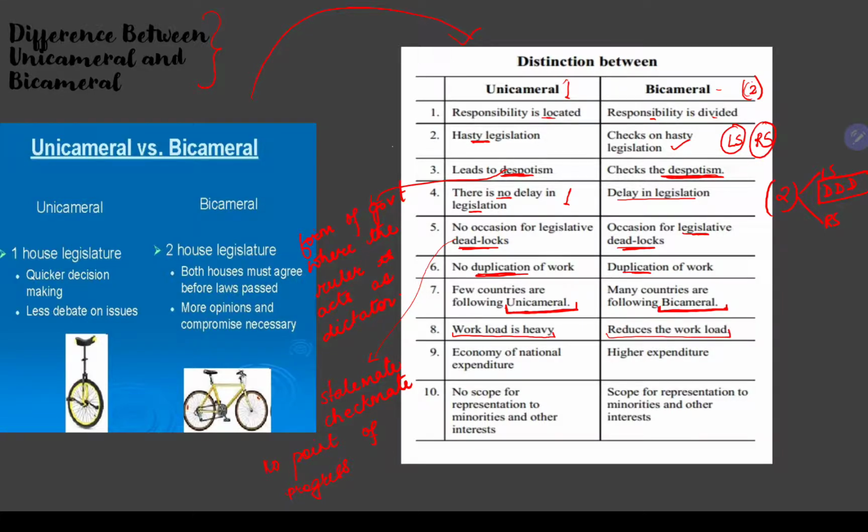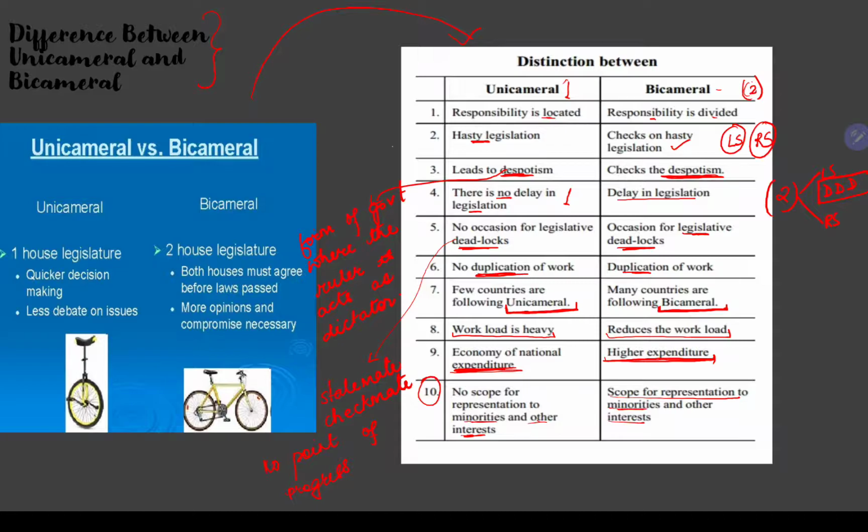In unicameral legislation, national expenditure is limited, but in bicameralism, higher expenditure is there. The 10th point is that in unicameral there is no scope for representation of minorities and other interests, but in bicameralism there is scope for representation of minorities and other interests. So these are the difference points.